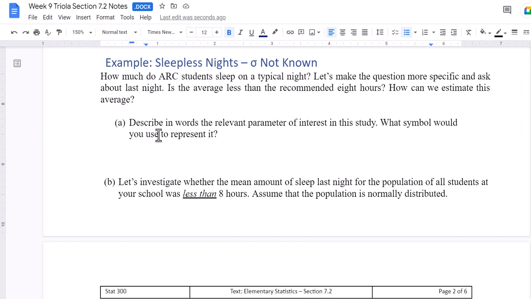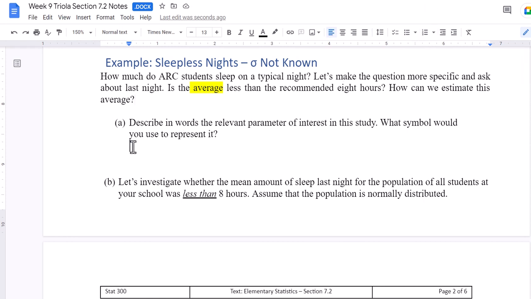So, describe in words the relevant parameter of interest in the study, and what symbol would you use? Looking back at the example, notice that it says, is the average less than the recommended 8 hours? So we are looking at the average. That is going to be our parameter. So what symbol do we use for average?